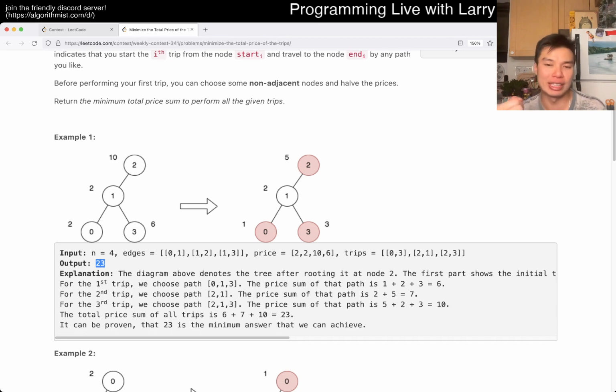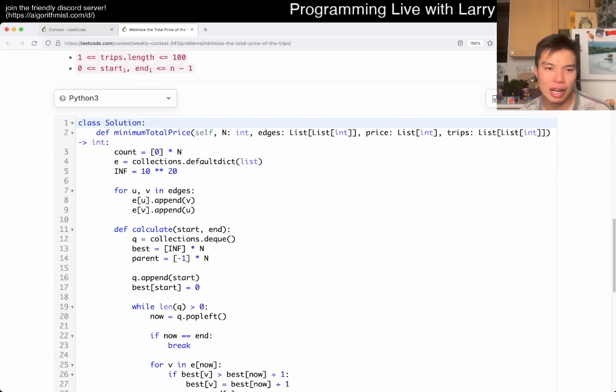The rate, of course, is the price of that node times the number of times you go to that node, with the option of doing this non-adjacent dynamic programming thing of having some nodes halved and not having others. So that's basically the idea.